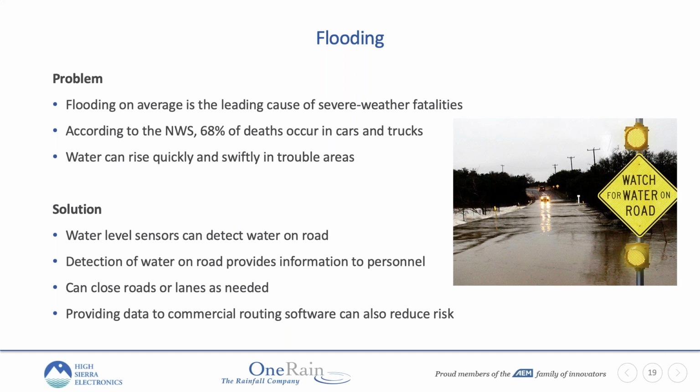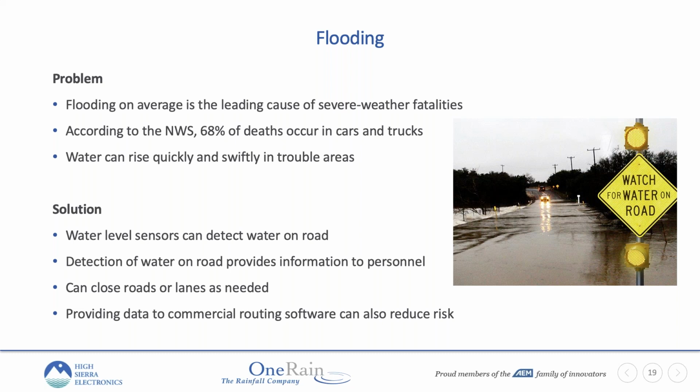There's no potential for loss of life, but it could be really localized urban flooding, or maybe coastal nuisance flooding, where we're just wanting to know what those water levels are so we can start to move resources appropriately to close lanes or close roads, or even send that data on to commercial or private routing software to help reduce the risk or chances of people driving into these flooded roadways.